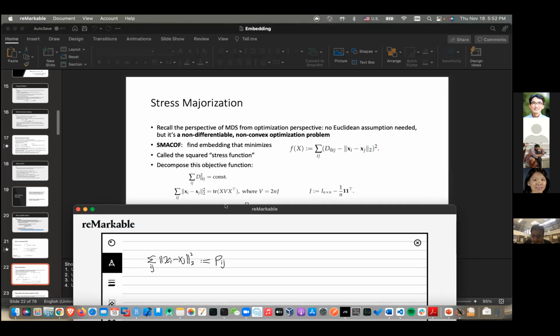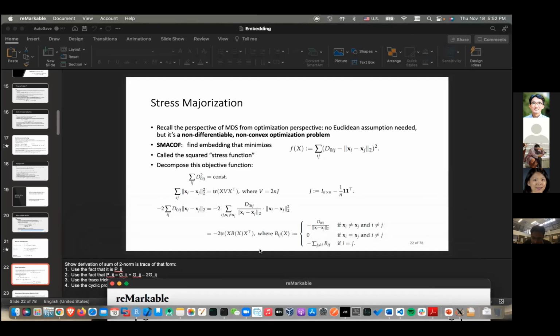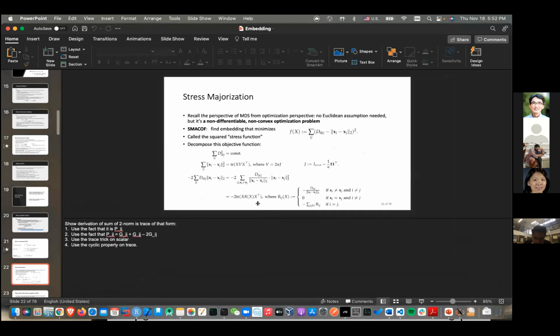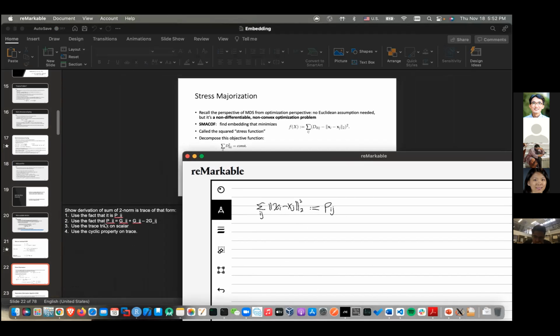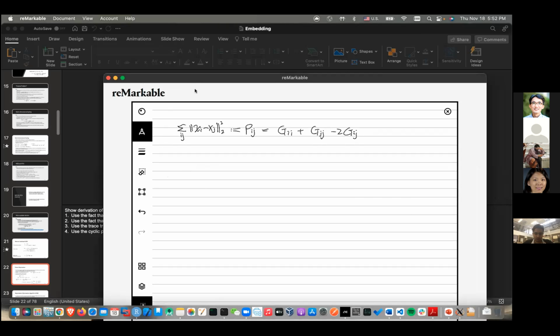And if you recall the relationship we derived earlier, Pij can be written in terms of the gram matrix as Gii plus Gjj minus 2 Gij, right? Yes, you need to put that summation over ij in front. Right. So we can expand this one.